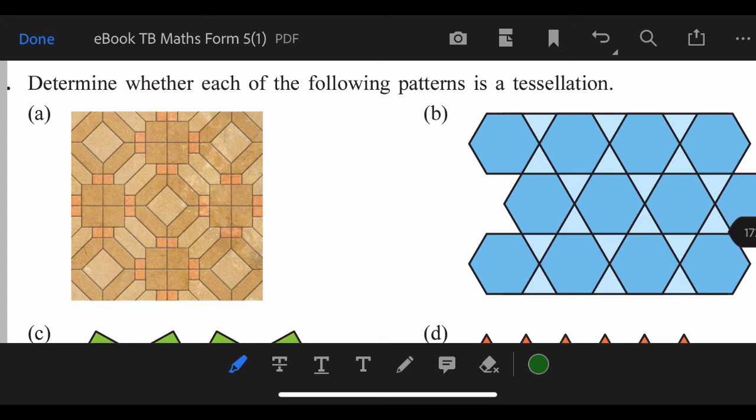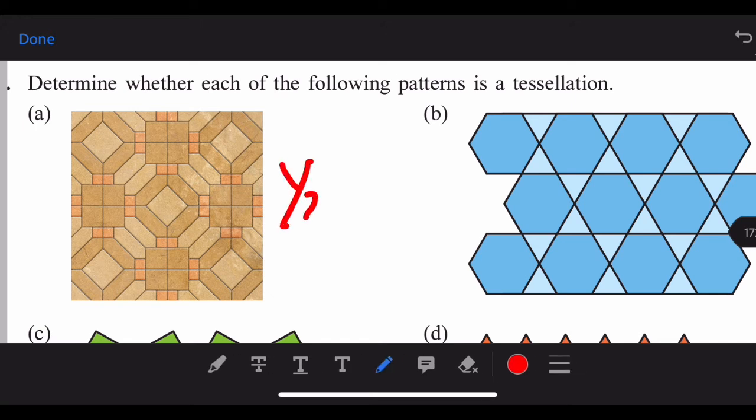I can see the pattern is repeating, right? There is a small square and a big square. The pattern recurs, and I can't see any gap between them. There's no space between the squares, right? So yes, it fulfills the definition of a tessellation. So this one is a tick.